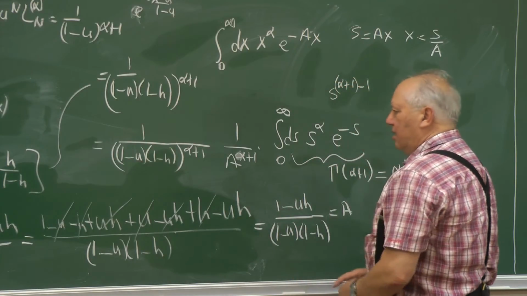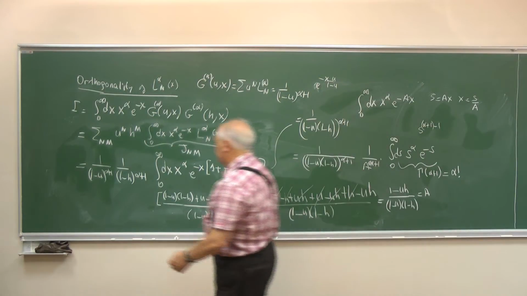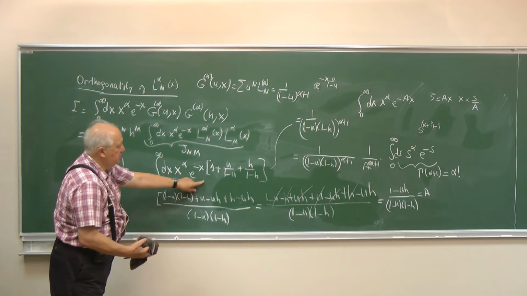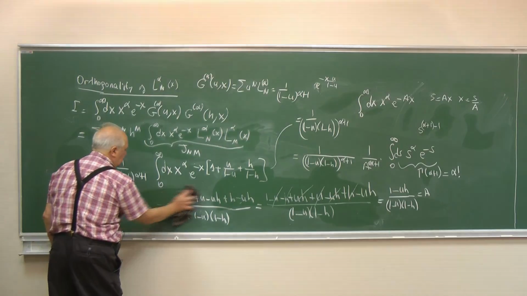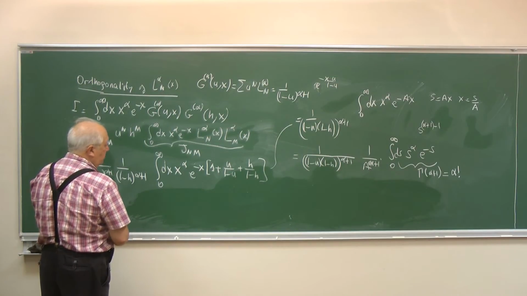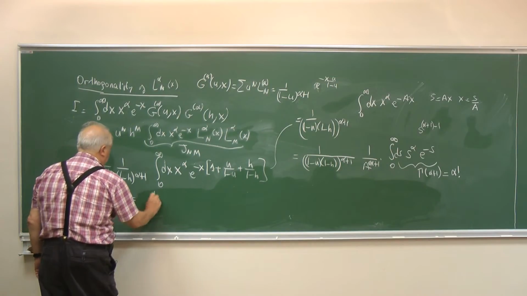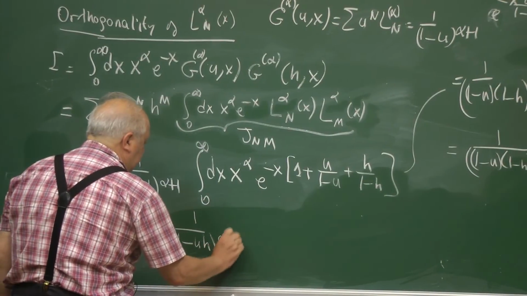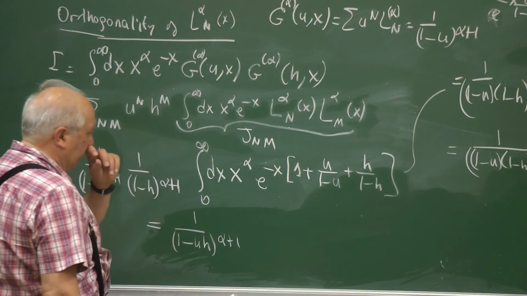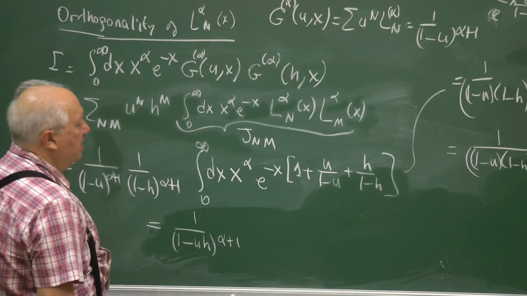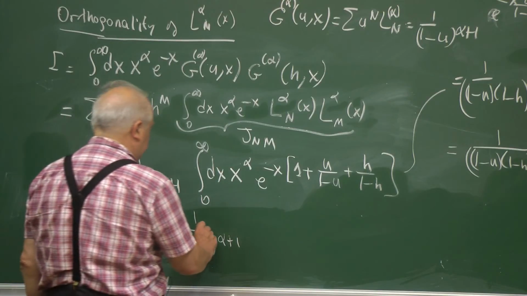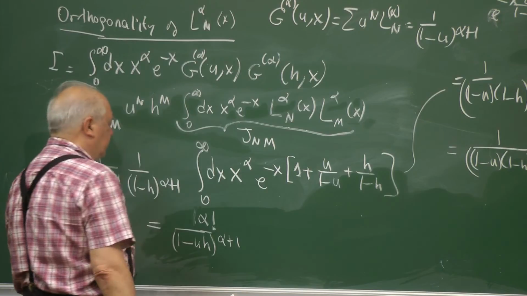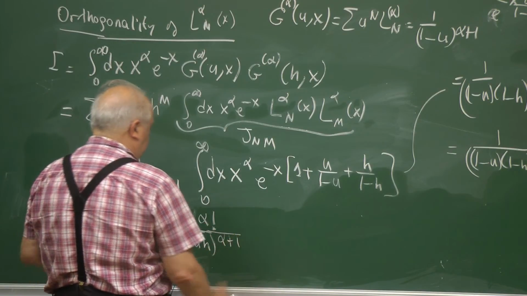So the result, this was just the evaluation of the parenthesis, I'm erasing. The result is equal to 1 over (1 minus uh) to the alpha plus 1, times alpha factorial, because alpha is an integer in our case.